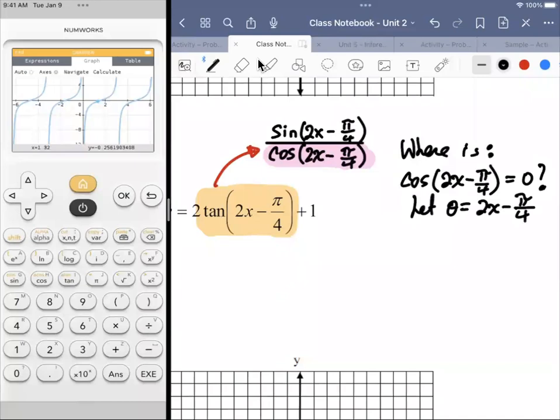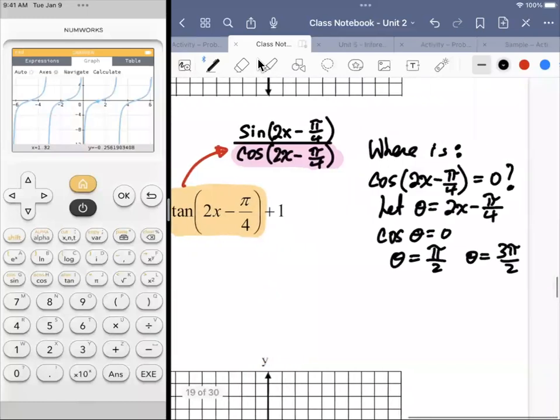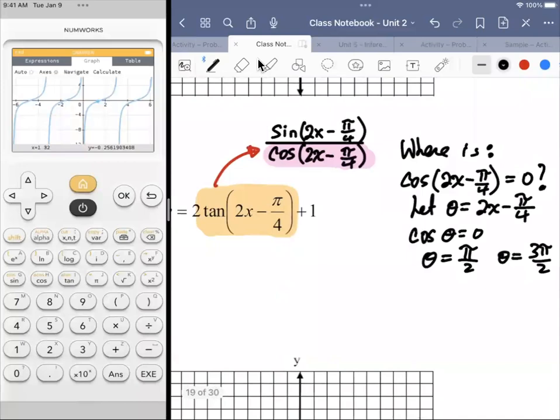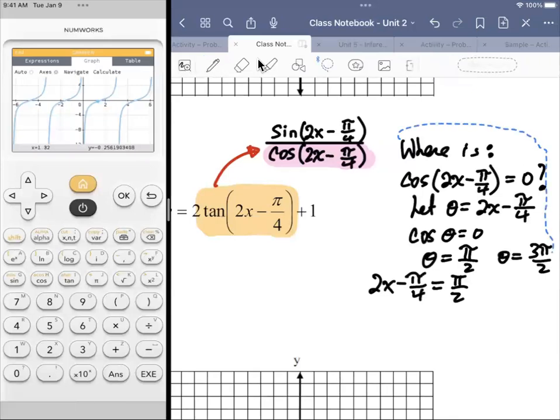So where is cosine of theta equal to 0? When theta is equal to pi over 2, or theta is equal to 3 pi over 2. Since theta is equal to 2x minus pi over 4, we would say 2x minus pi over 4 is equal to pi over 2, and 2x minus pi over 4 is equal to 3 pi over 2.